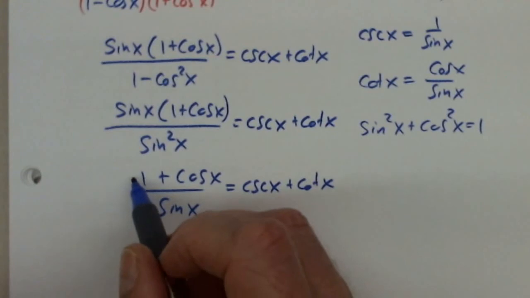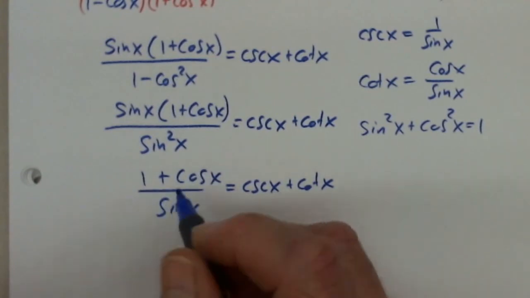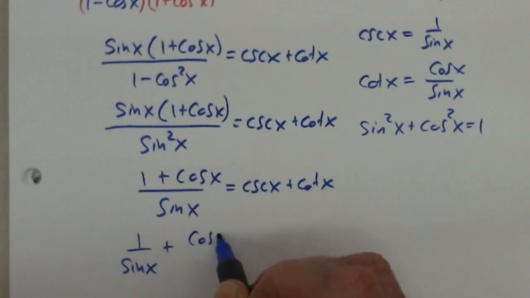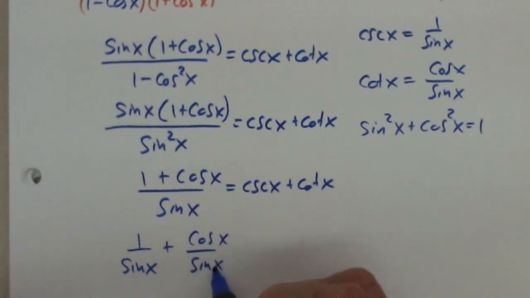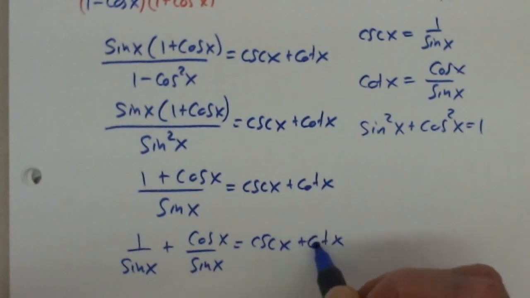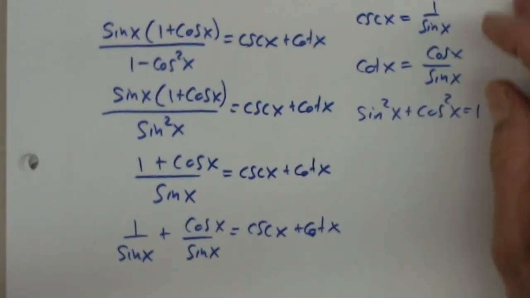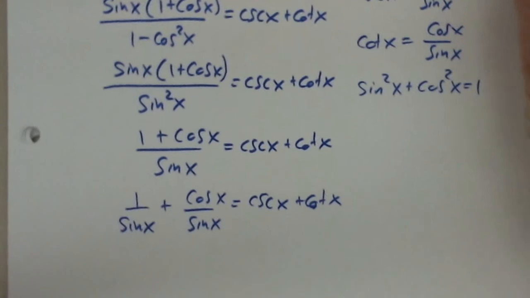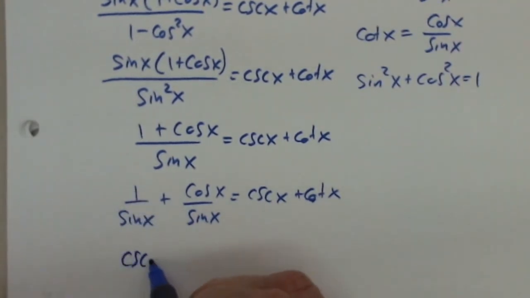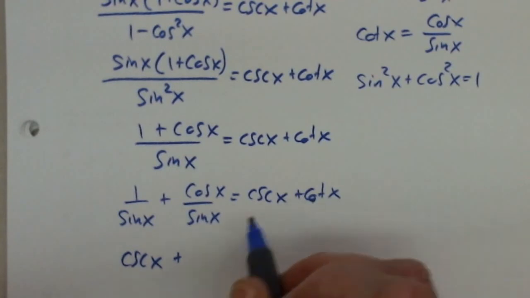Then we can separate this, 1 over sine and cosine over sine. And that will finish it. 1 over sine is cosecant. Cosine over sine is cotangent.